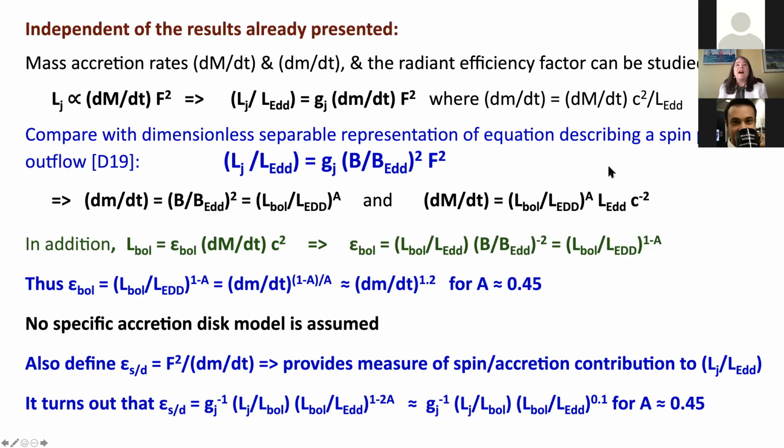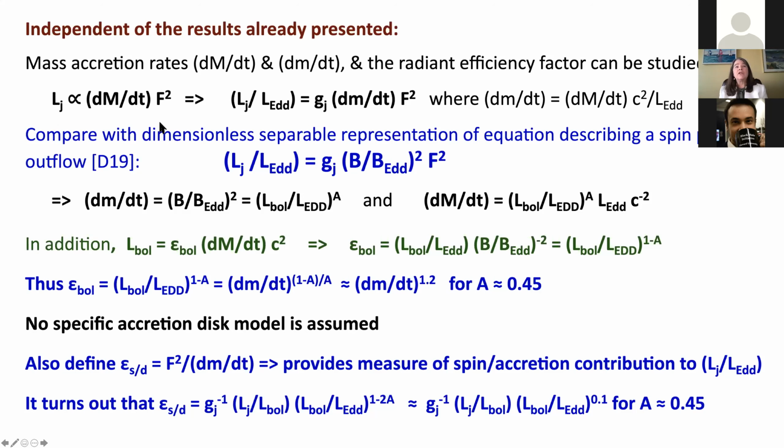All right, now independent of the results I've shown you, we can think about the mass accretion rates and whether or not the sources could be used to study the mass accretion rates and efficiency factors of these systems. So the beam power can be written as the mass accretion rate in physical units times the black hole spin function, capital F, squared.